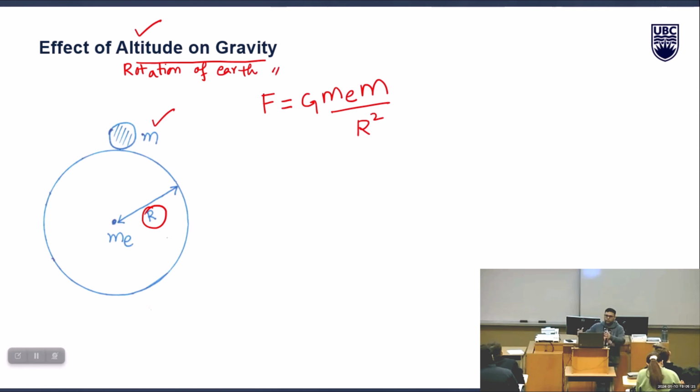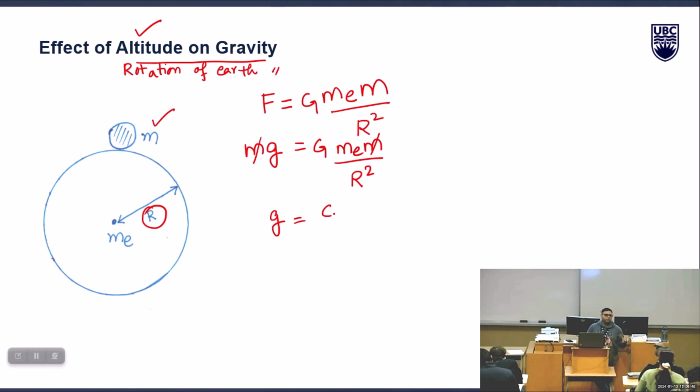But that force which that object will be feeling, the attraction of Earth, is actually its weight, right? So that weight can be mass times the gravitational acceleration, and that can be equated to G M_E multiplied by the mass of that object divided by capital R square, where capital R is the radius of Earth. M can be cancelled out, and we have g equal to capital G M_E over R square.